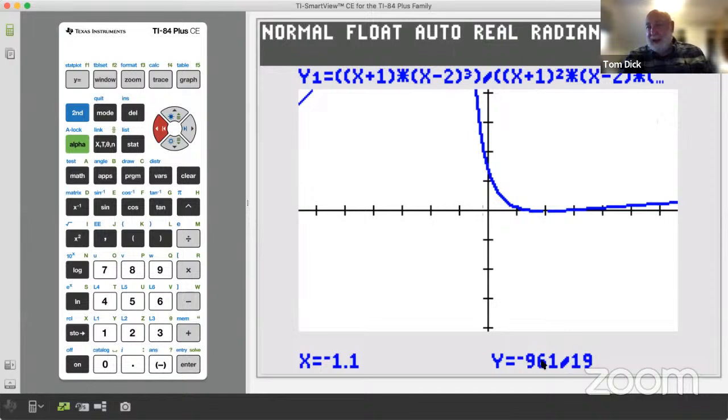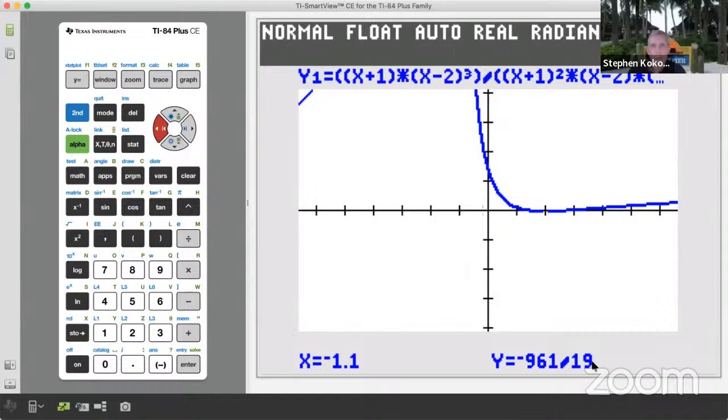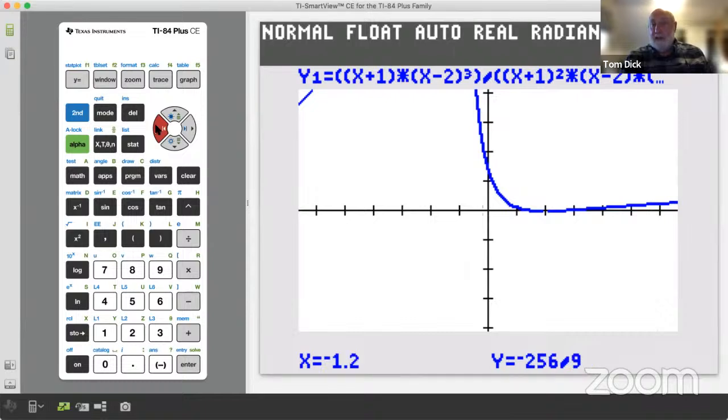If I think of it as about -1,000 over 20, that's going to be about -50. Let me keep tracing. Well, that's not quite as big. That's close to -25-ish, right?